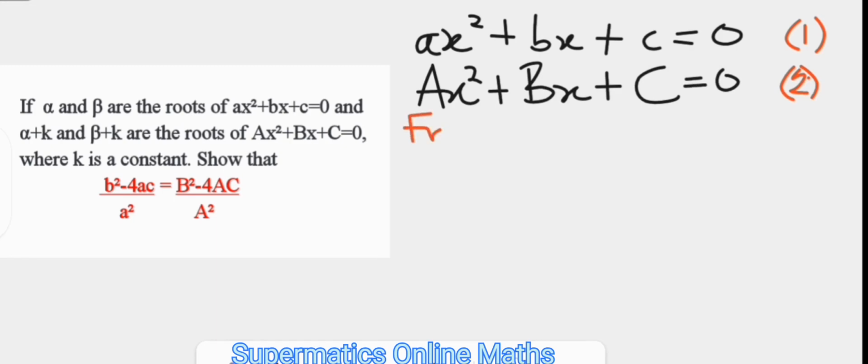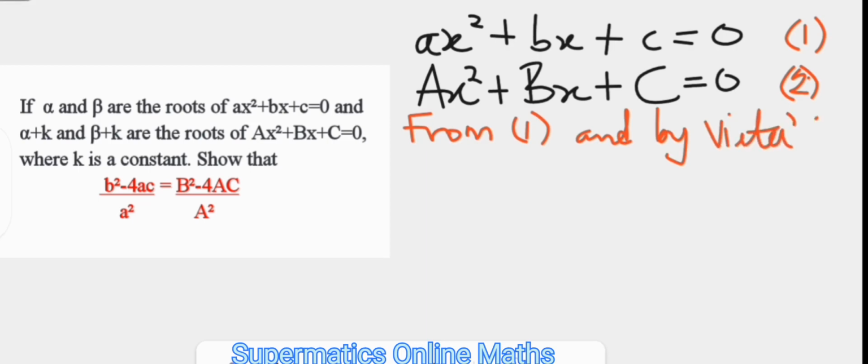Now, from the very first equation and using Vieta's formula, if you are yet to see a tutorial on Vieta's formula, check the link in the description of this video.